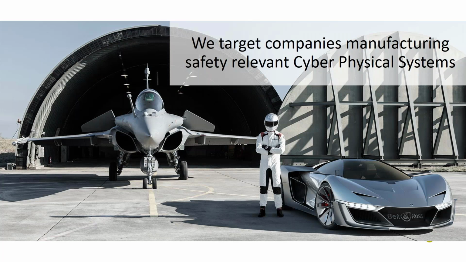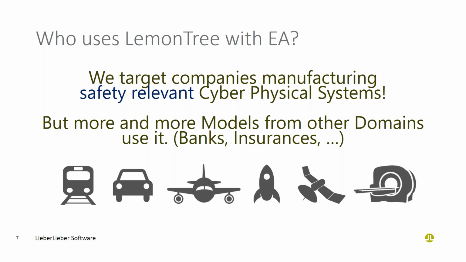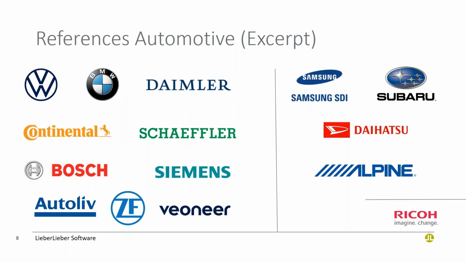Okay, no problem. So this is basically who we target: people that build safety-relevant cyber-physical systems, because they have loads of norms to fulfill in order to have the legal requirements fulfilled to deliver their solution. Here are some references from our automotive customer base.